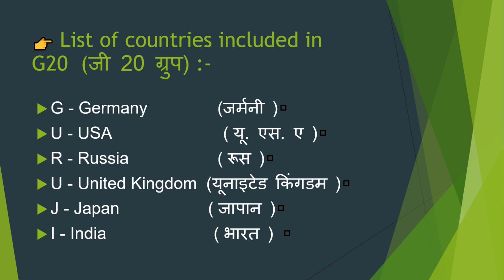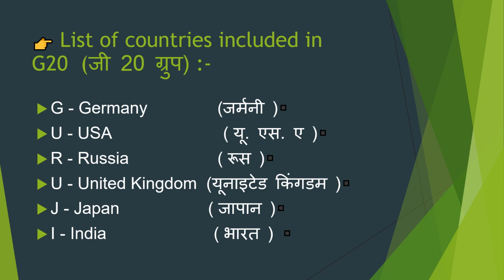So now let's talk about the list of countries that are included in the G20 group. The very first country is Germany, of course, as it starts with G. Next is U, that is USA. Next is R, that stands for Russia, being a member of the G20 group.